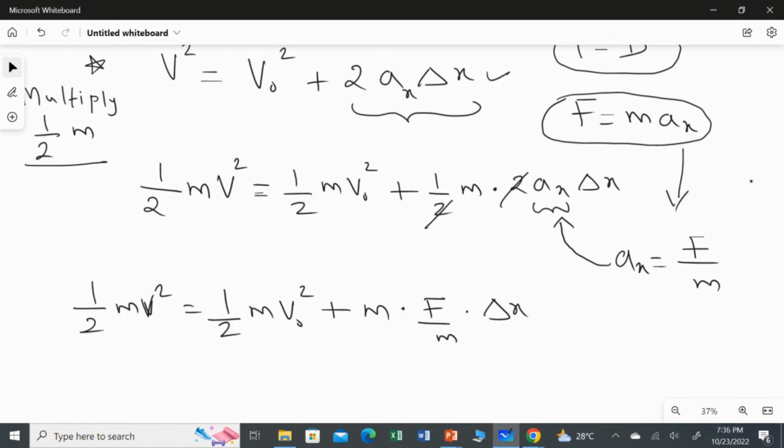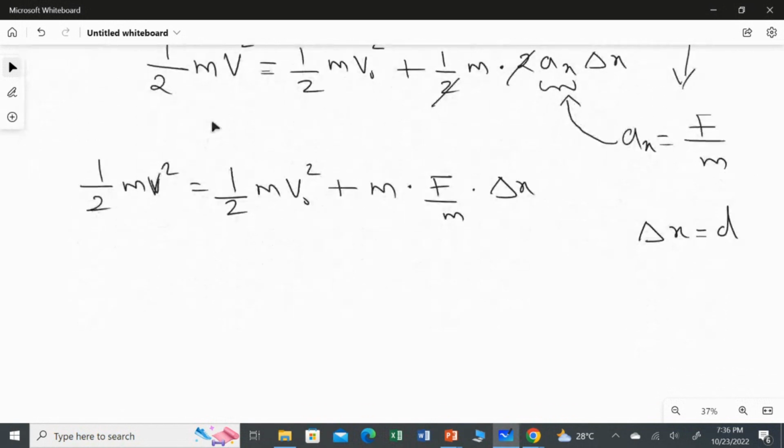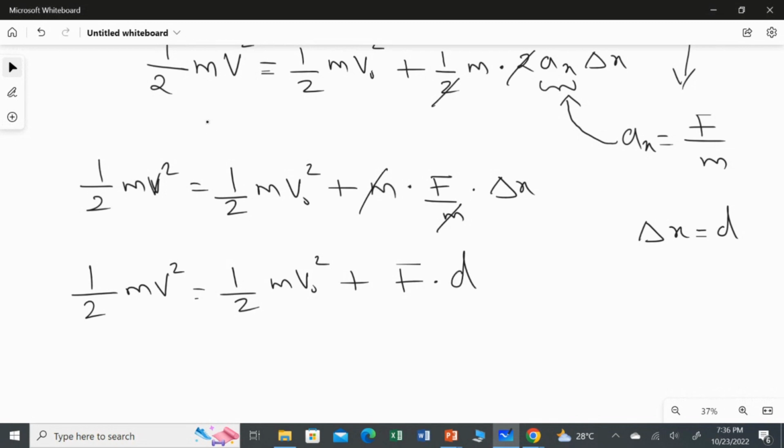Let's take this delta x, which is nothing but our displacement d. So in this place of delta x, let's just rewrite it in terms of d. Therefore, half m v squared equal to half m v naught squared plus, this m gets cancelled with this m, F multiplied by d.